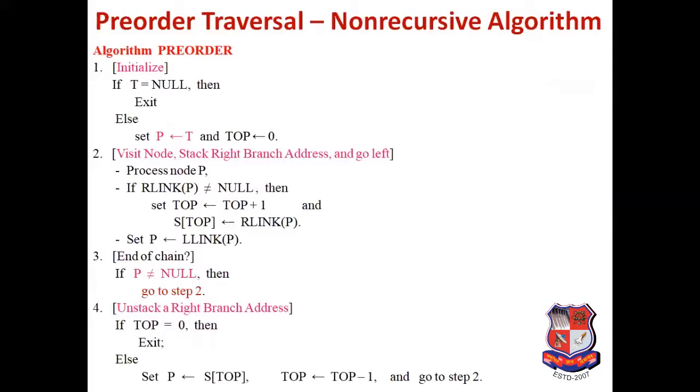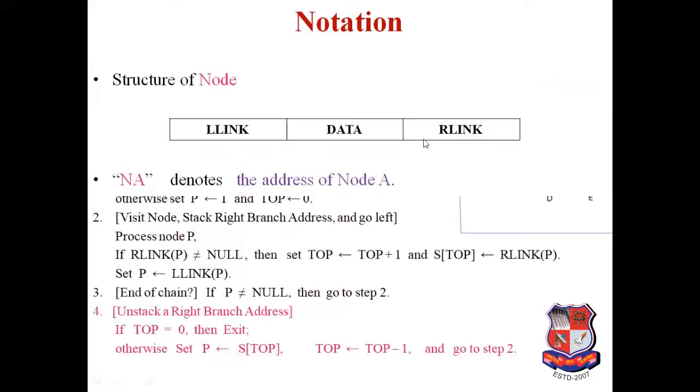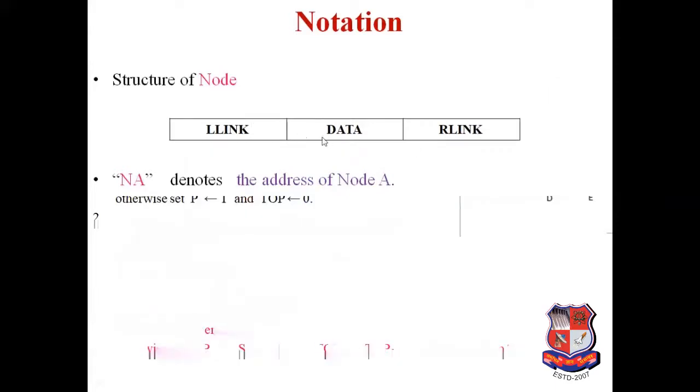Now before we start with the example, here is the notation that we will use while tracing the algorithm. We use the node structure that we already discussed during the memory representation of trees. Generally the address of a node is numeric, but here we are not considering the address in numeric form.